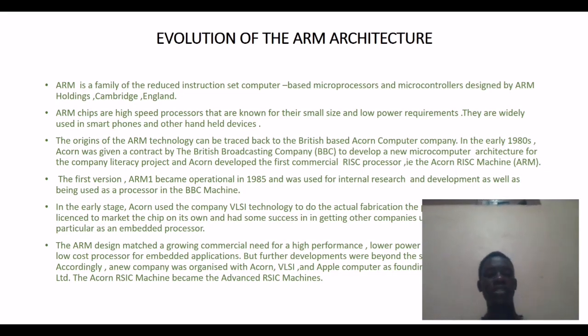In the early stage, Acorn used the company VLSI, very large-scale integrated circuit technology, to do actual fabrication of the processor chips. VLSI was licensed to market the chip on its own and had some success in getting other companies to use the ARM in their products, particularly as an embedded processor.